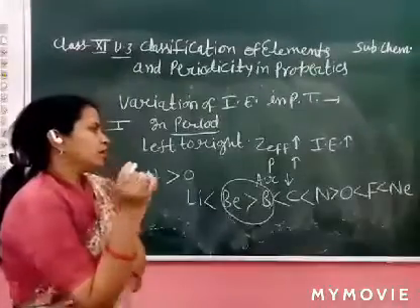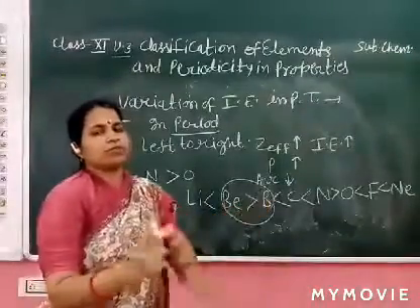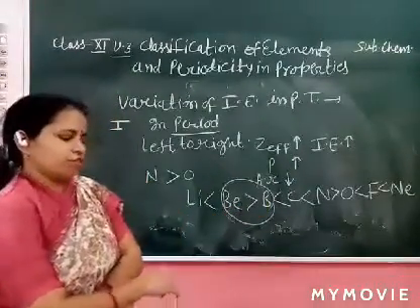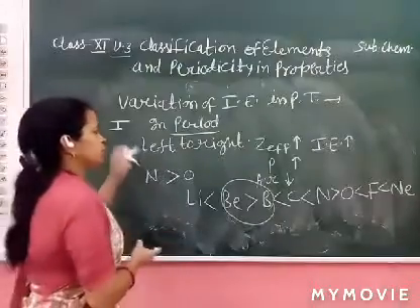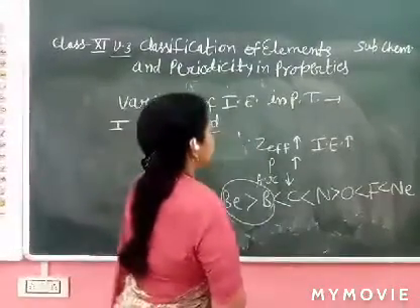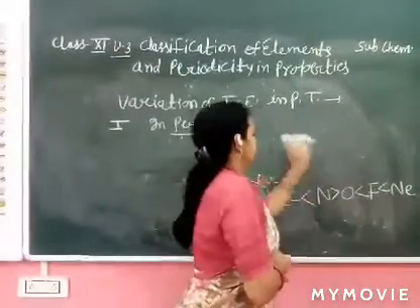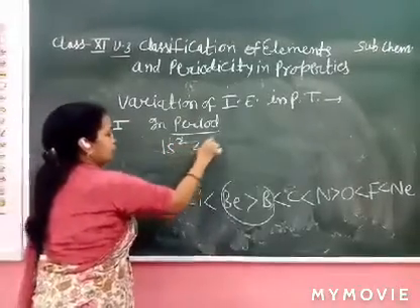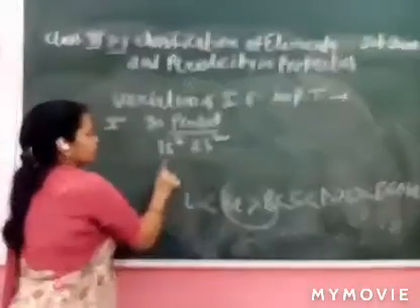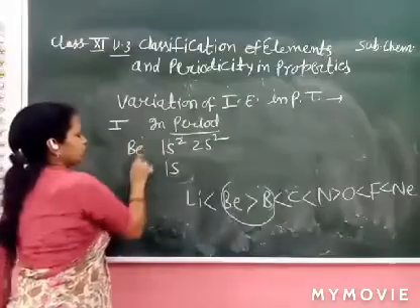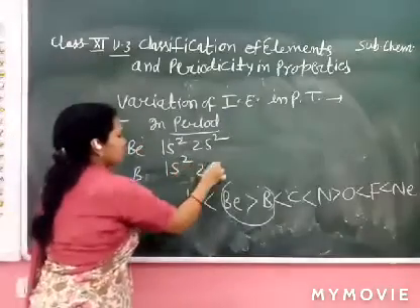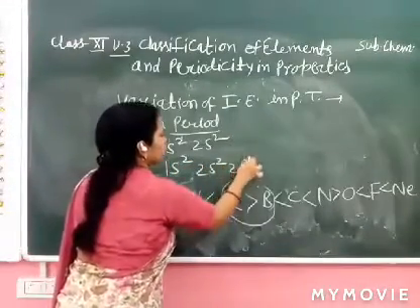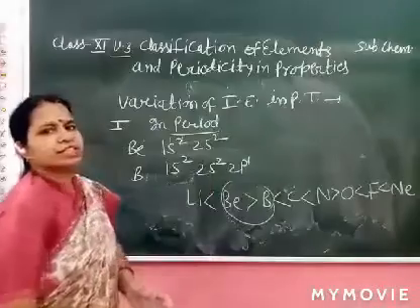Why? First, write down the electronic configuration. For beryllium it is 1s2 2s2, and for boron, 1s2 2s2 2p1.